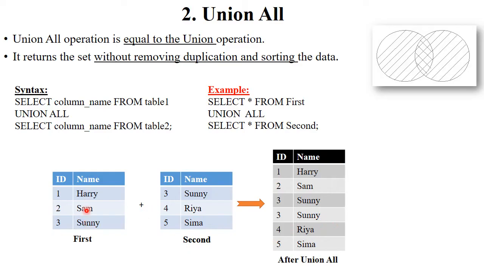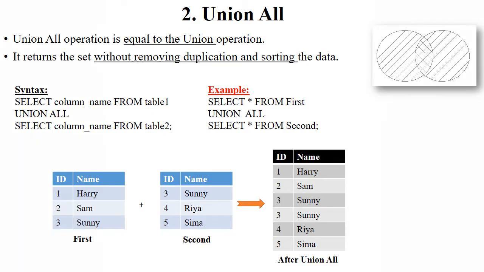See here, the first table as it is, ID 1, 2, 3, and now the second table 3, 4, 5, and the result is 1, 2, 3, 3, 4, 5. It takes duplicate data as it is in the result set, right? So this is called the union all operation, which combines all the data of both tables, the first table and the second table, with duplicate data.